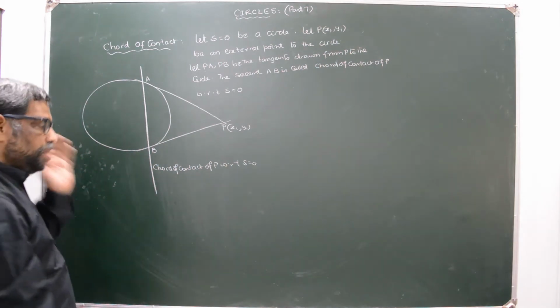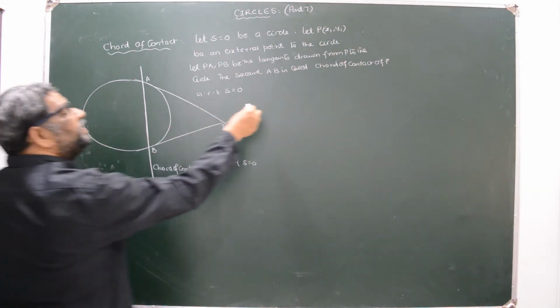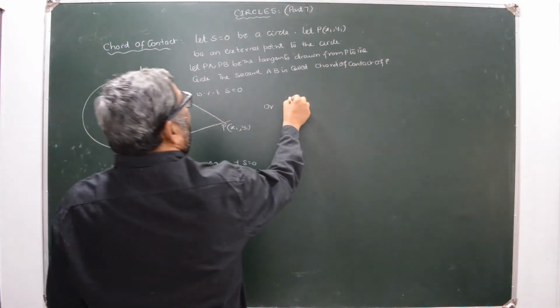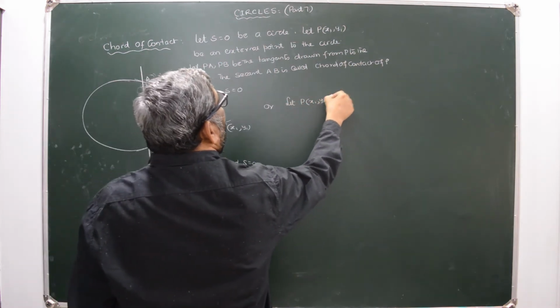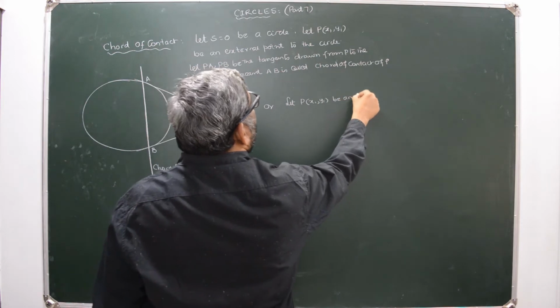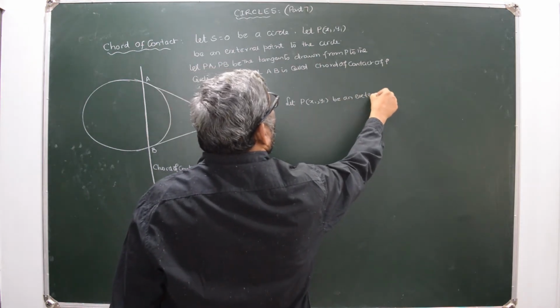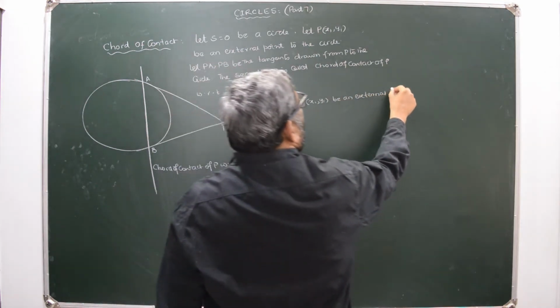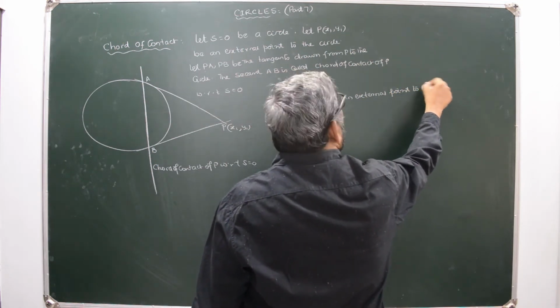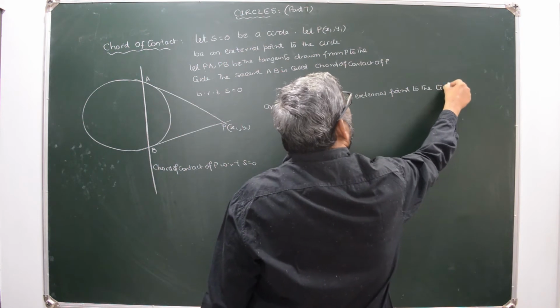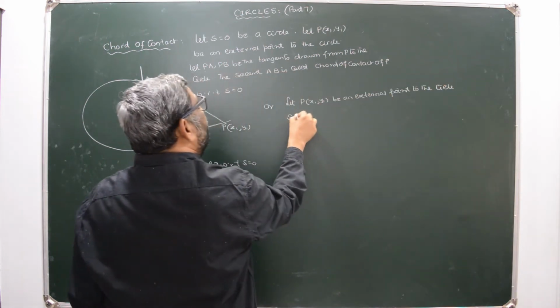The definition can also be written in a different way. Let P(x1, y1) be an external point to the circle S = 0.